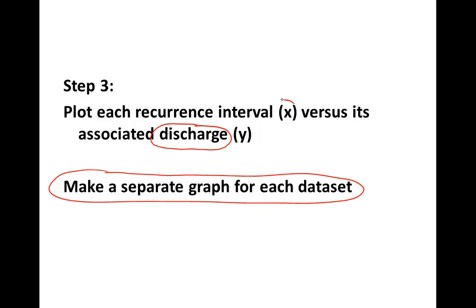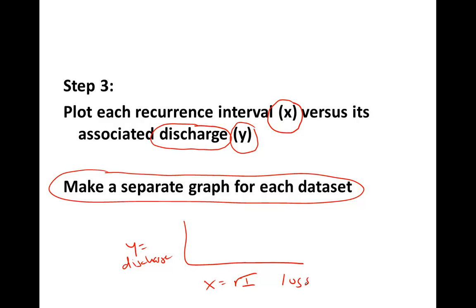Recurrence interval is going to be on the x-axis. Discharge is going to be on the y-axis. In other words, x equals the recurrence interval, y equals the discharge for that recurrence interval. Now these graphs may look a little bit different than what you've seen before because the x-axis is a log scale.